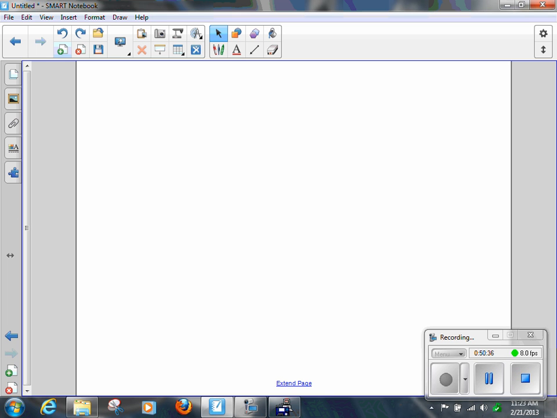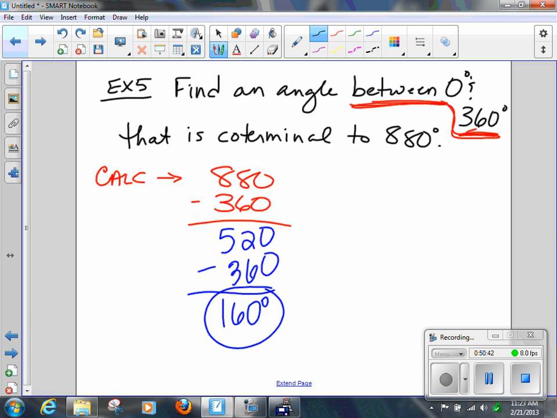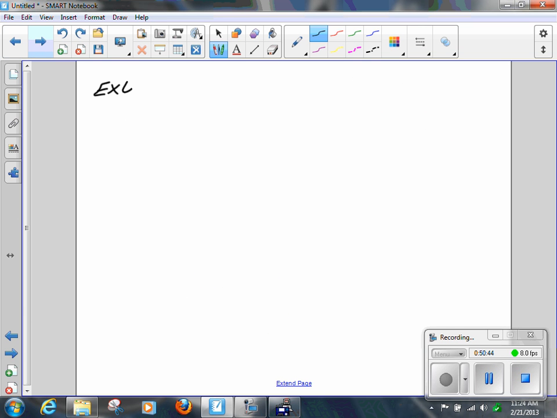So let's look at one like that. Just out of curiosity, and this just makes it fun, this is a race. Go. Find me an angle between 0 and 360 that's coterminal to 11,265 degrees.